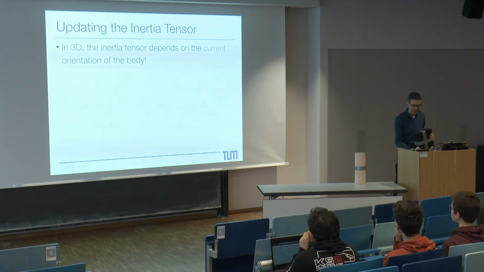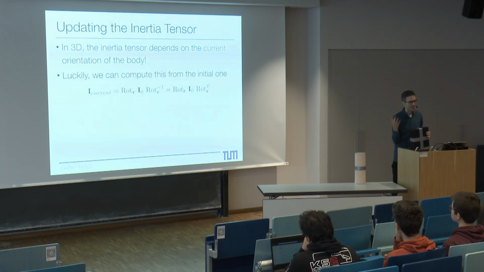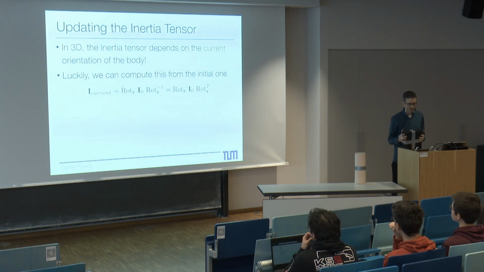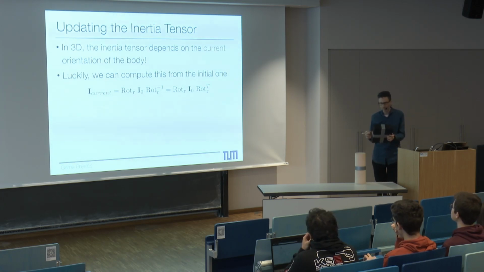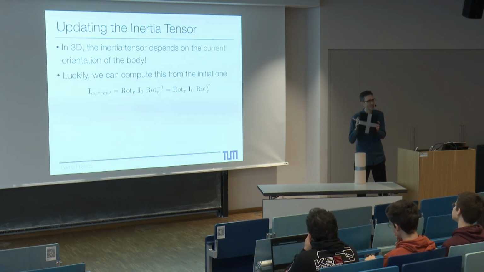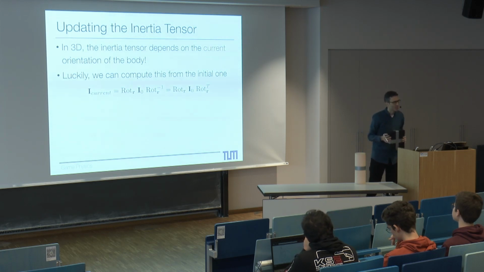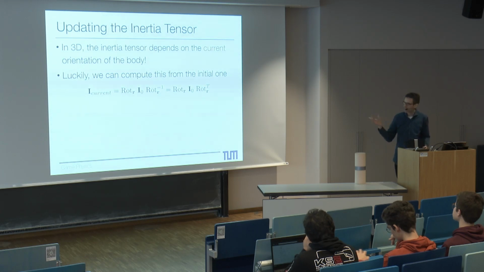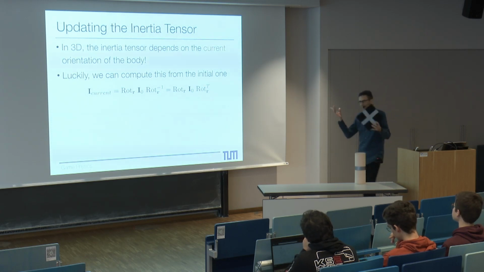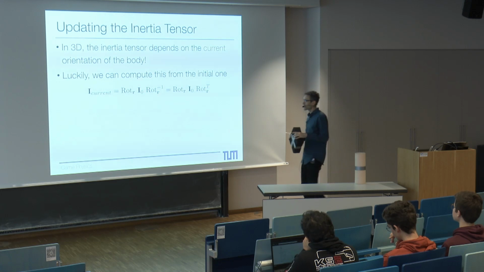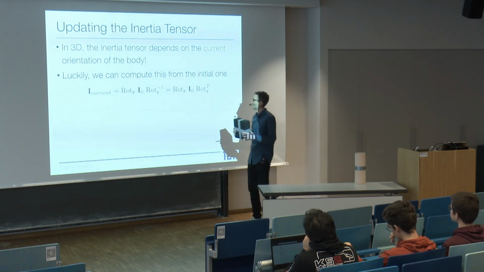Hence it's a good idea to, in practice, also just update the inertia tensor with the rotation. So the inertia tensor needs to change because it really tells you that around the center of mass, where are the pieces of mass? How are they oriented? So it depends on how your rigid body as a whole is currently oriented. And you can basically treat it, like so often with orientations and rotations, like a coordinate system transform.